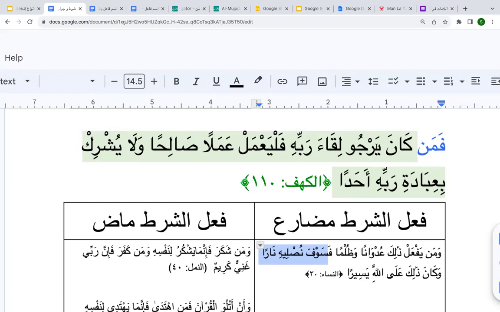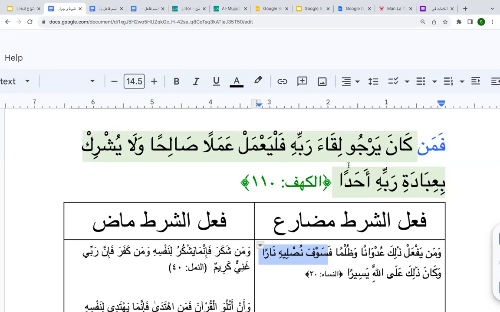Yarju is khabru kana. That is why it is rightly going to be labeled as fi mahalli nasbin. But everyone, is this clear? What is the status of khabar of kana or any fail naqis? It's going to be nasbin status, right? Or fi mahalli nasbin, right?